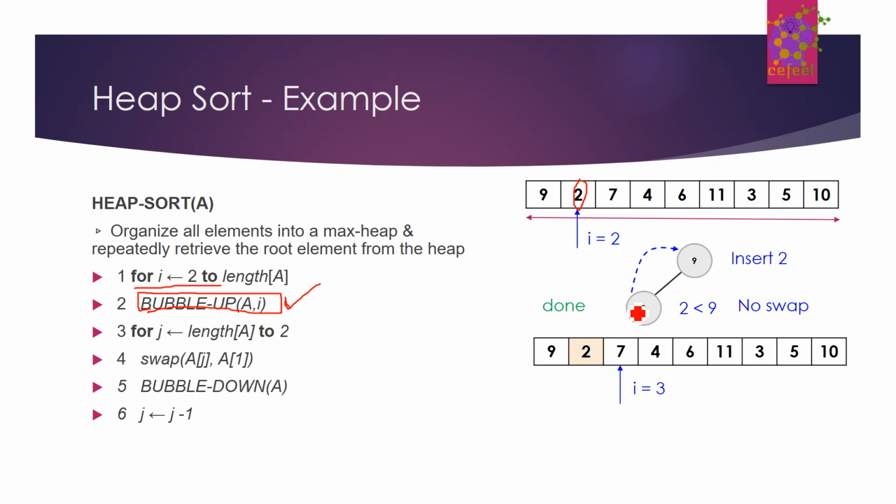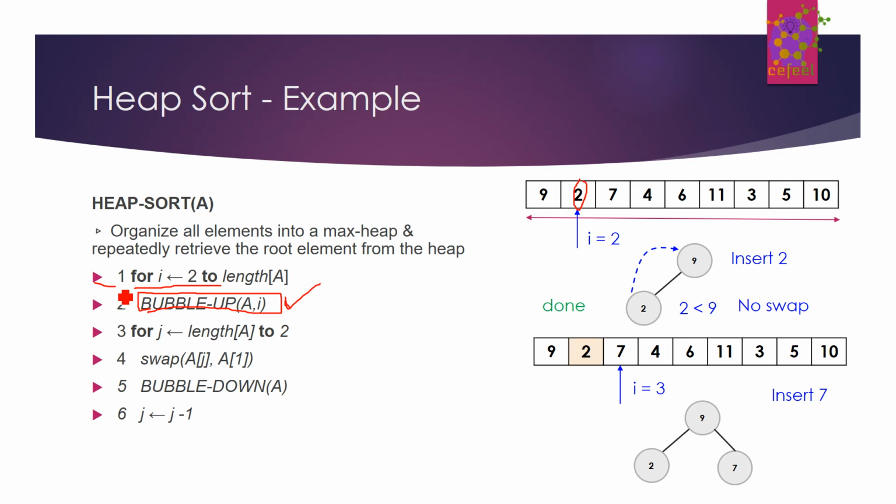Now next, I will increment. We'll go to step 1 again, and I will increment to 3, which means we have the element 7 and we need to insert it into the heap. As in bubble up, the first step is to insert the element at the last location available. In this case it will be the right child of 9.